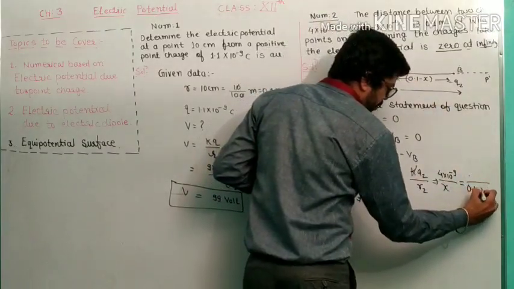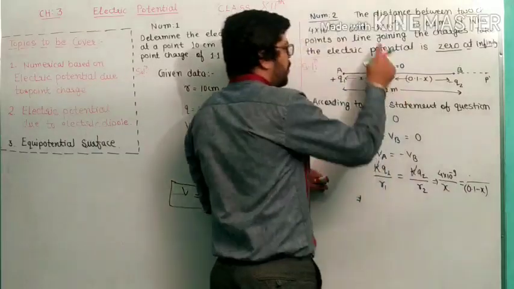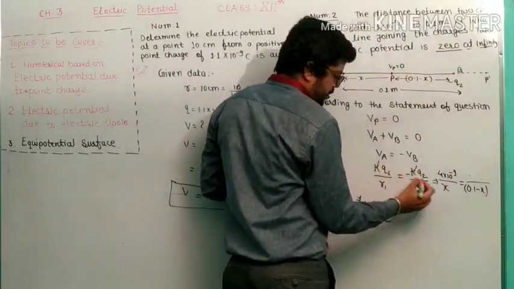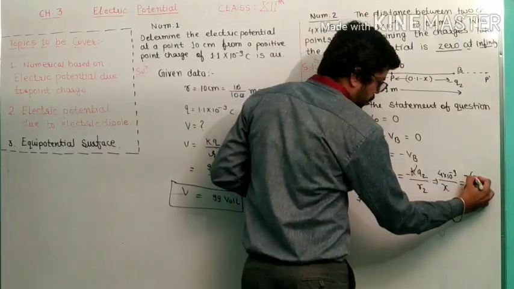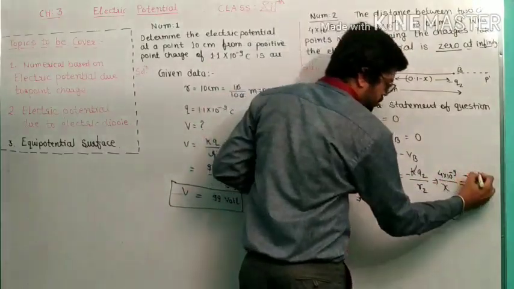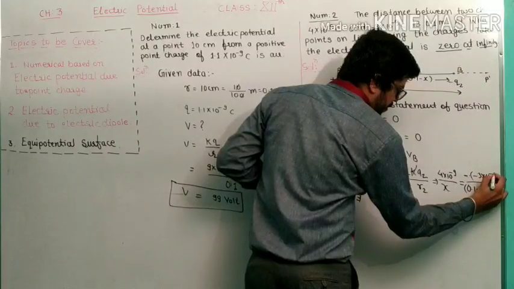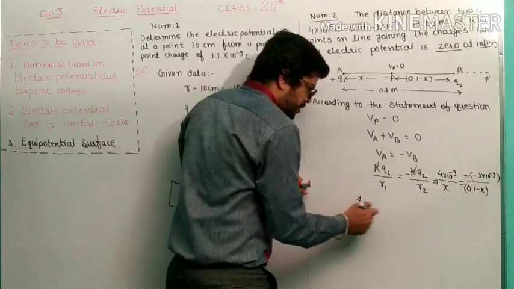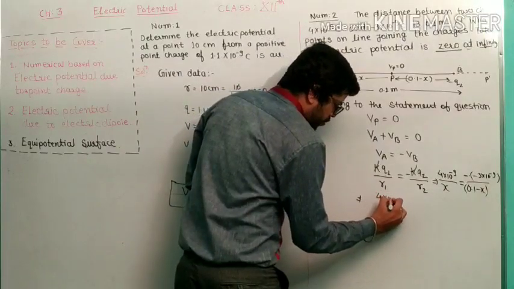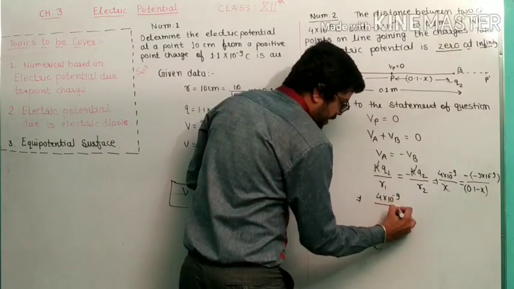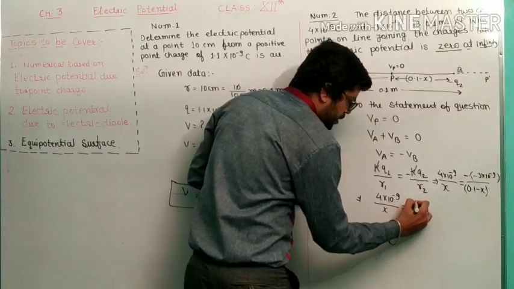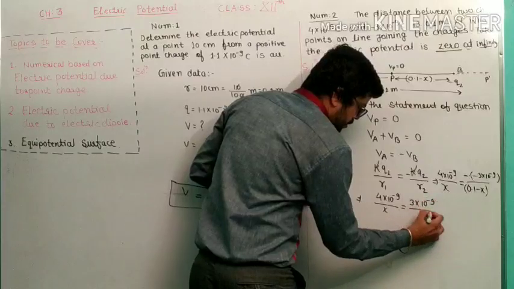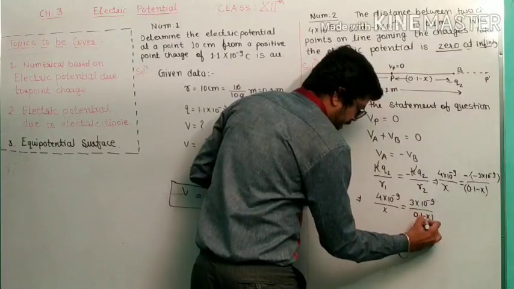On the other side there is a minus, but the value of Q2 is already negative, 3 into 10 to the power minus 9, so the negative becomes positive. So 4 into 10 to the power minus 9 divided by x is equal to 3 into 10 to the power minus 9 divided by 0.1 minus x.